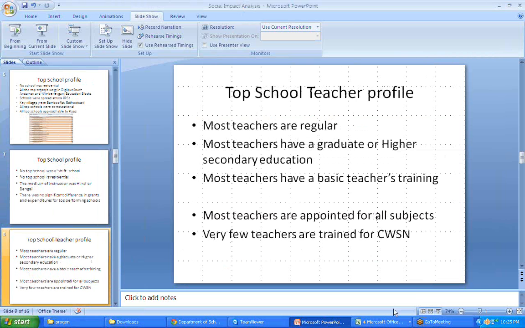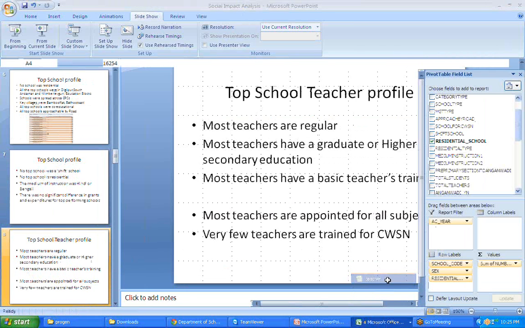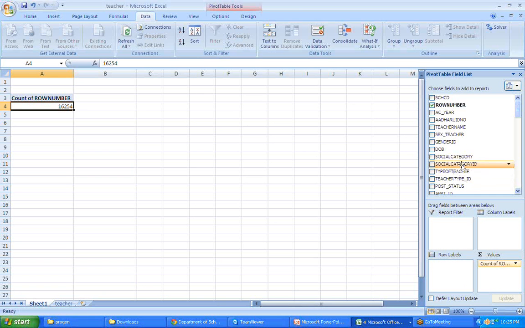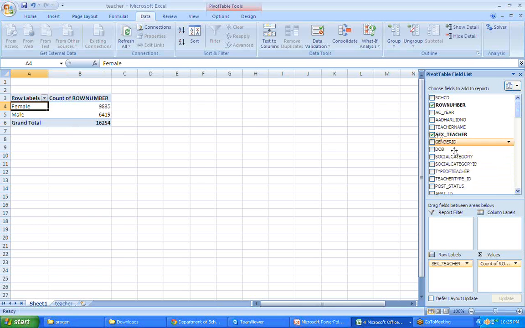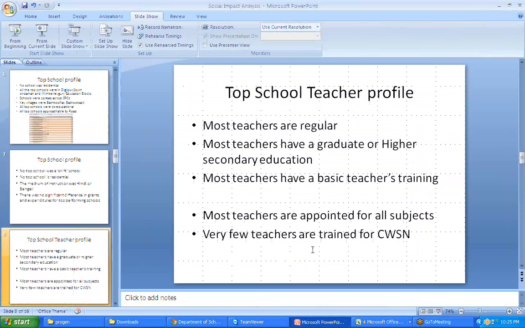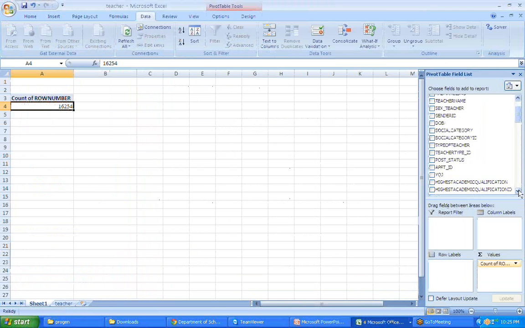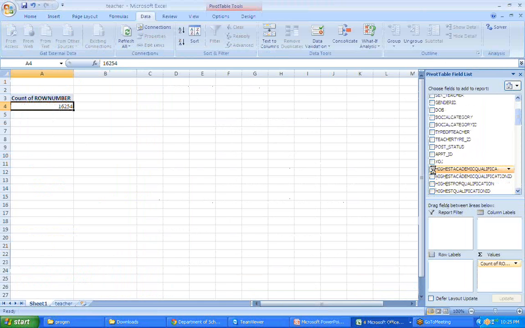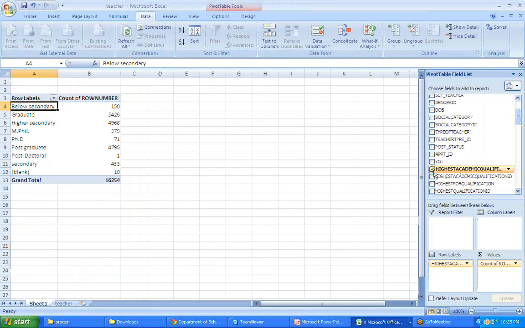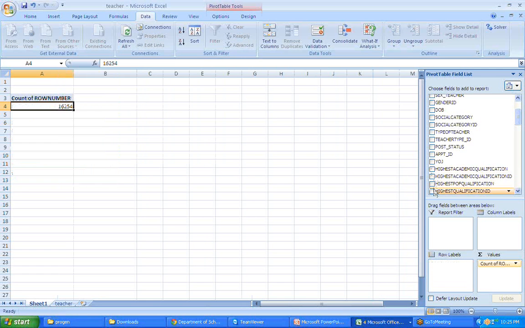Now, if you look at the teacher profile, we started to analyze it in terms of the teachers. If you look at sex, females are by and large more than the males. But then we looked at other factors, such as what education they have. We looked at the highest education. Most of them were higher secondary or postgraduate.